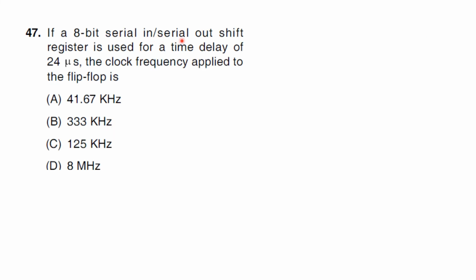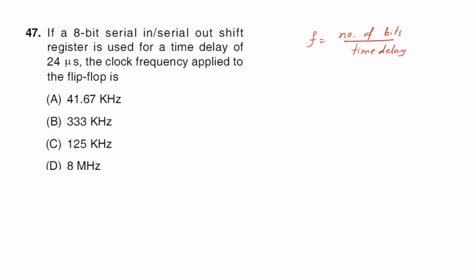A serial in serial out shift register is used for a time delay of 24 microseconds. The clock frequency applied to the flip-flop is given by f is equal to number of bits divided by time delay.